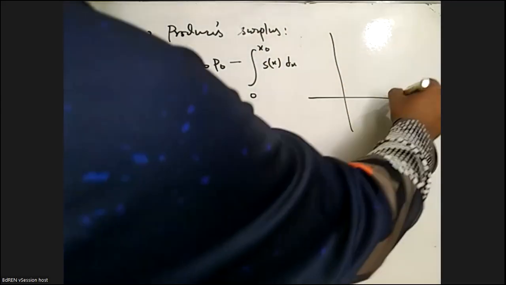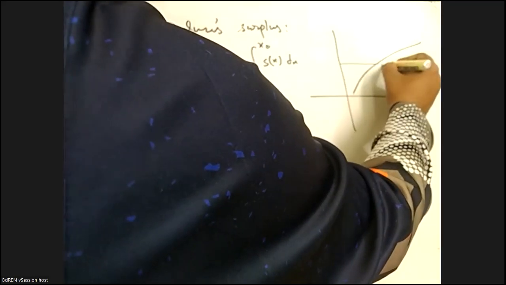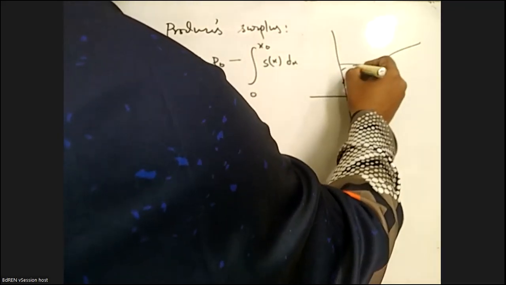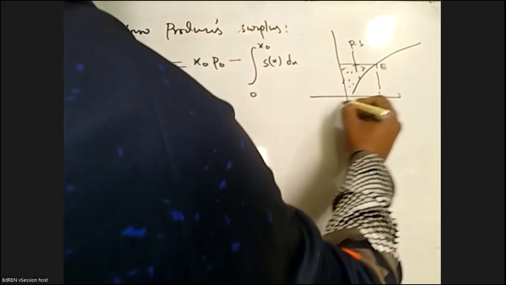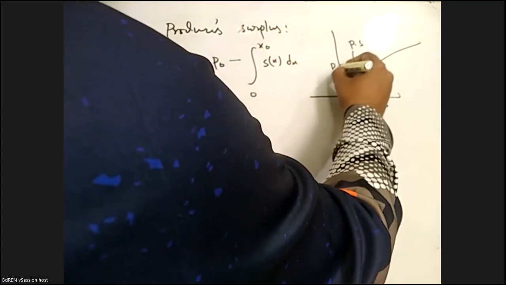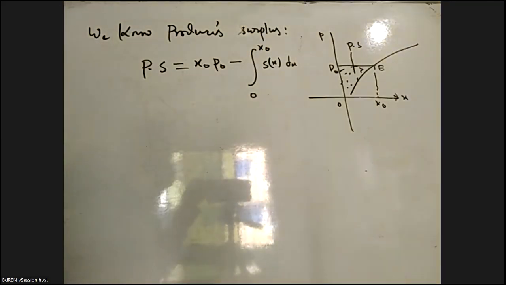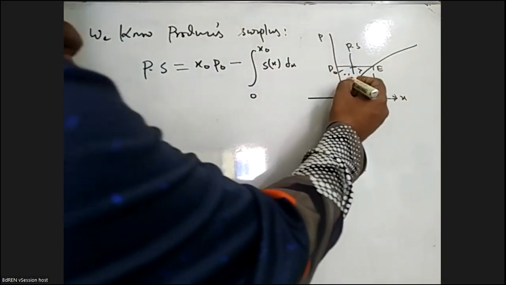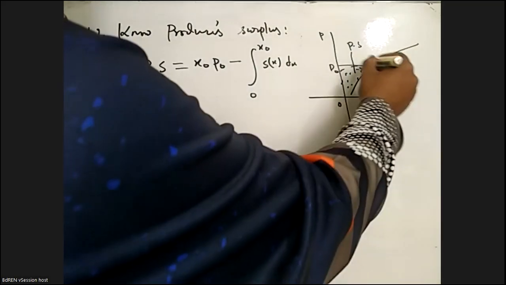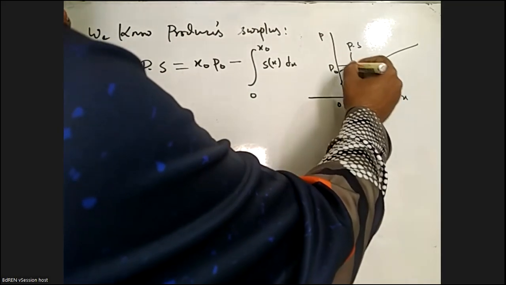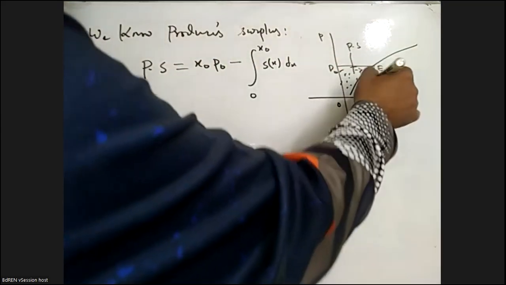That means we can draw the graph. The supply function will be like this, and this is the equilibrium point, and this bounded area will be the producer surplus PS. This is x naught, this is p naught, this is the price line, and this is the quantity line. To find this bounded area, we have to subtract from the rectangular area x naught P naught.